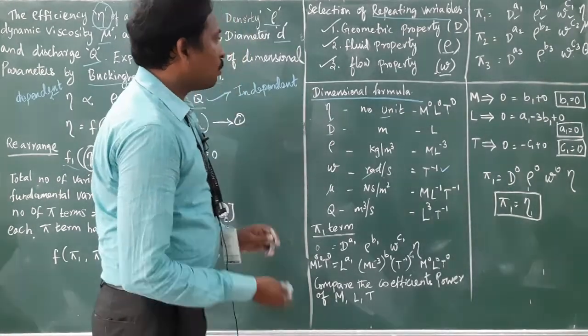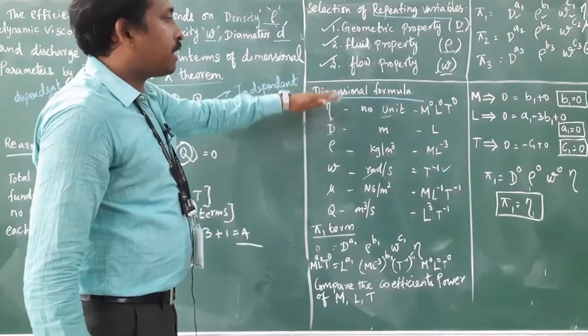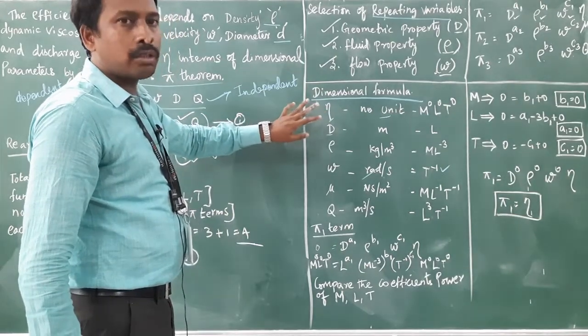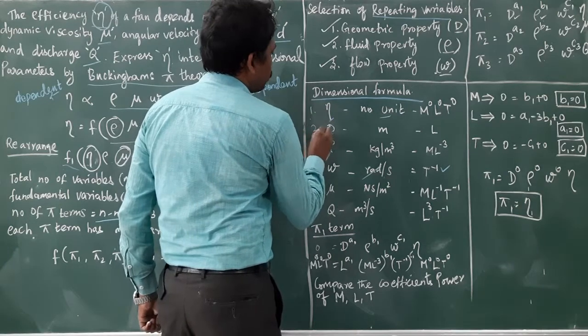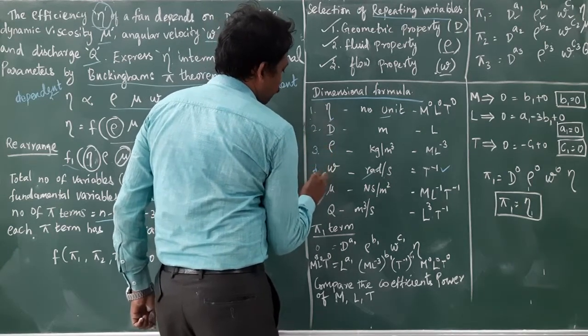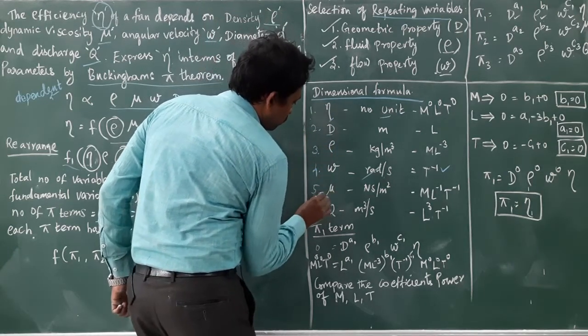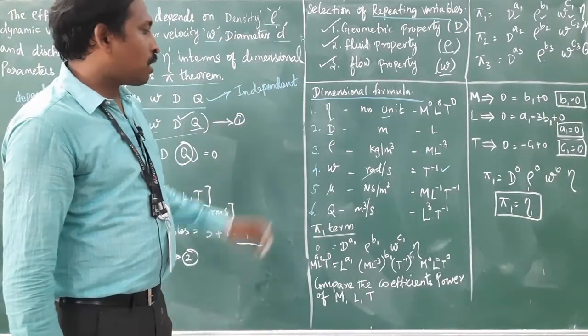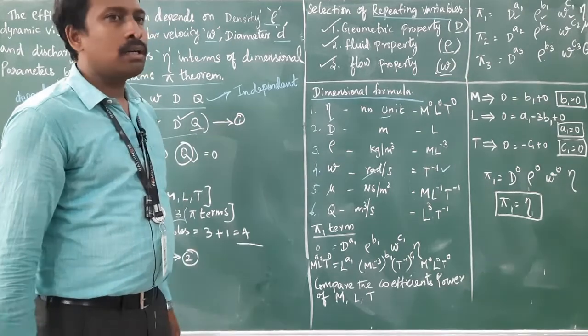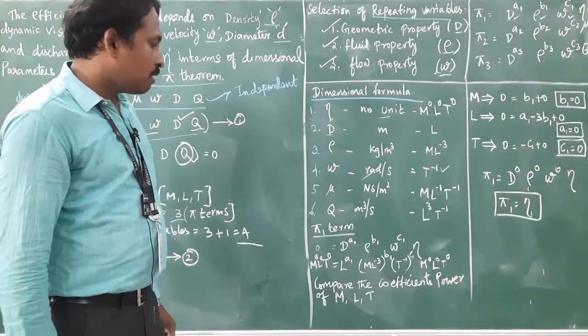Now we are writing all the dimensional formulas for the variables, 1, 2, 3, 4, 5 and 6. There are 6 variables. For the 6 variables we are writing the dimensional formula.